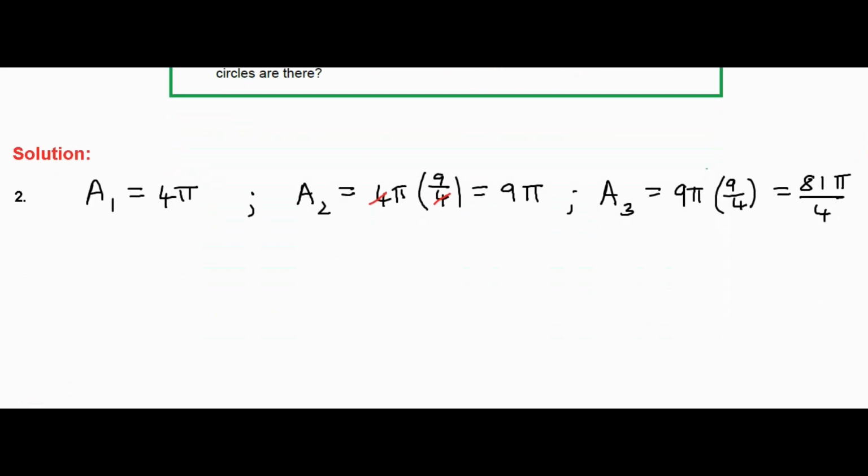So we're going to say let the diameters be x1, x2, x3, etc. And we're also going to use the formula for the area of a circle.